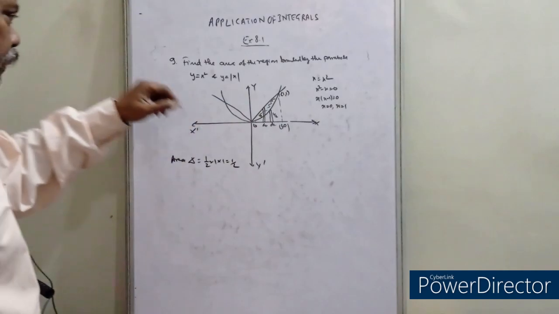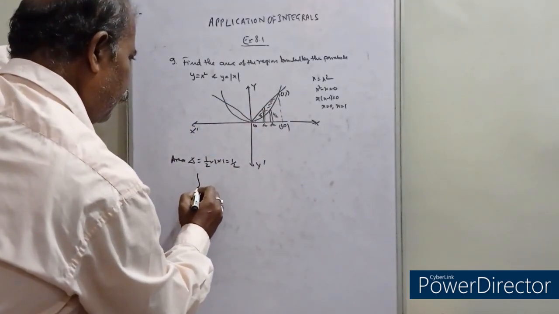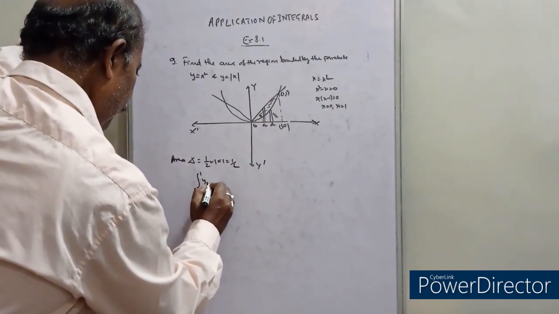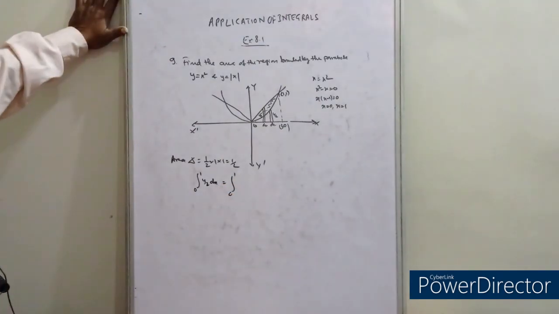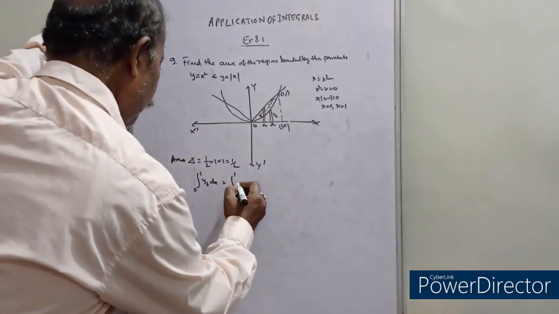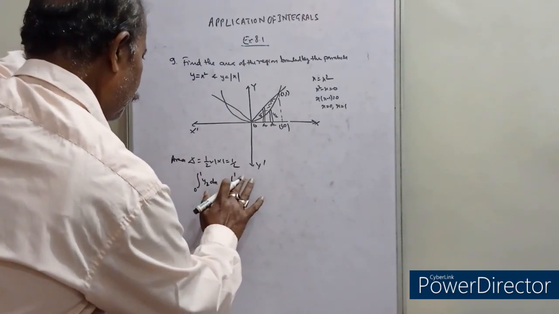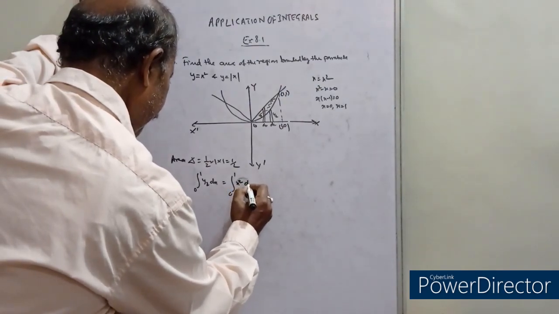And now for this parabola, this will be from 0 to 1 y2 dx. So this will be 0 to 1, y2, that is x square dx.